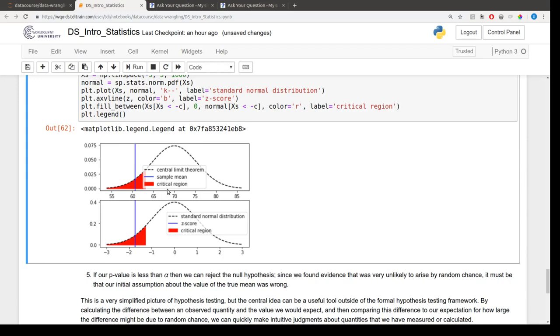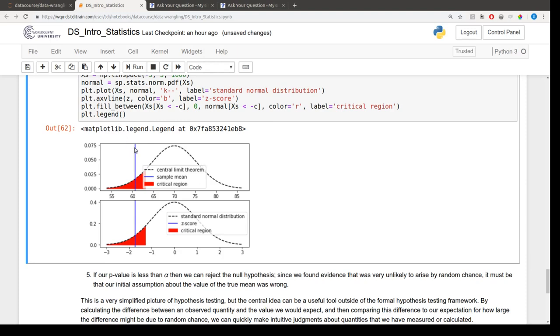Assuming that's true, the central limit theorem tells us our sample mean should be distributed according to a normal distribution, centered on $70,000, and with a standard deviation equal to the standard error of the mean, which we calculated according to the formula that we saw in the previous lecture video.